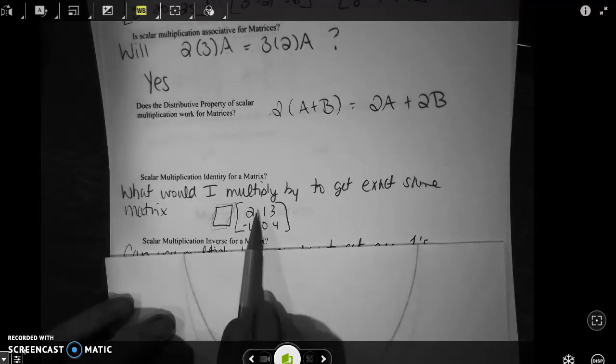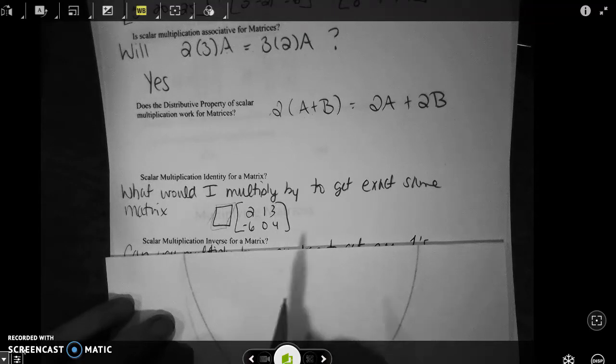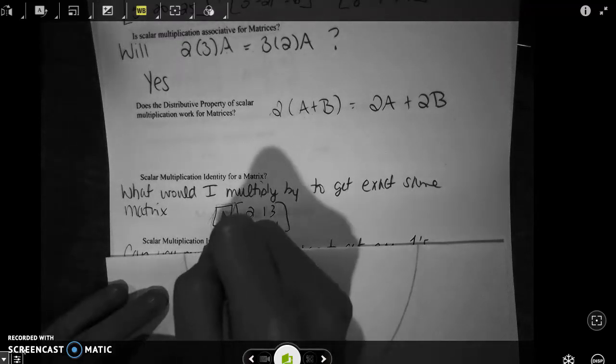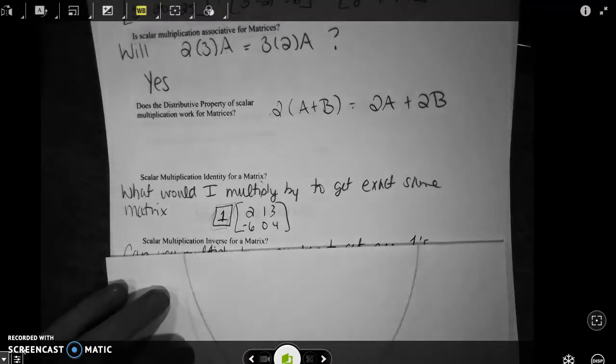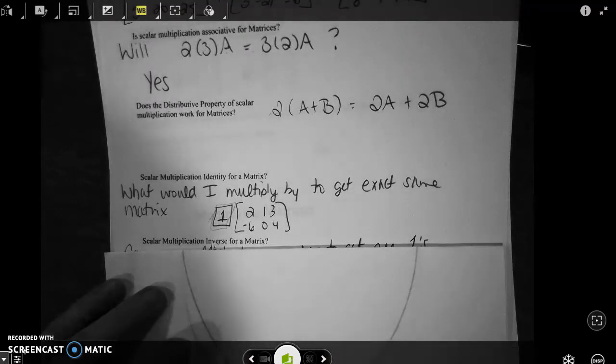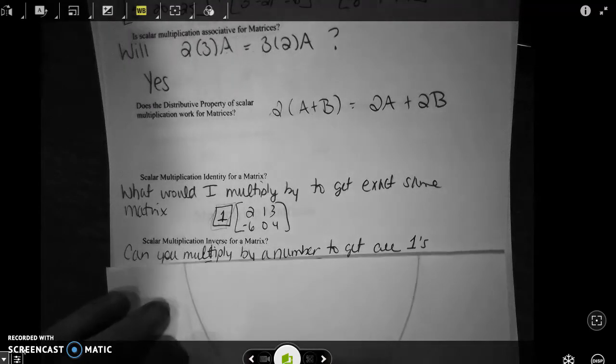What would I multiply the matrix 2, 1, 3, negative 6, 0, 4 by to get that exact same matrix? For nothing to change, the scalar number would have to be 1. That would be your multiplicative identity, just the number 1 for a real number that you're multiplying by.